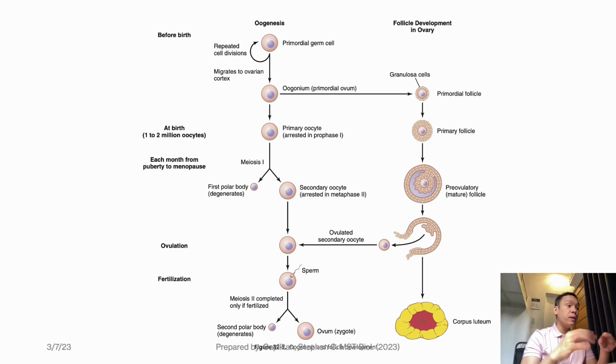And after meiosis 2 has been completed, only if fertilized, it will become the ovum or the zygote, and the second polar body will degenerate. On the other hand, once the pre-ovulatory follicle has released the ovulated secondary oocyte, it will become the corpus luteum.